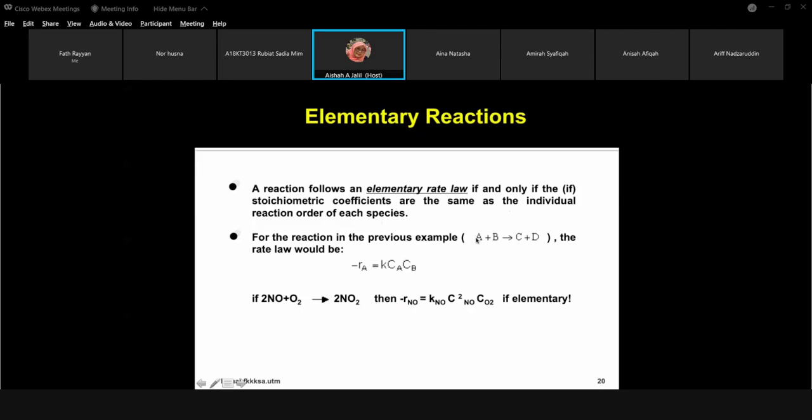So here is 1, 1, so just C_A, C_B. If here is 1 over 2 and 1 over 3, you must write the rate law negative r_A equal k C_A power of 1 over 2 C_B power of 1 over 3.